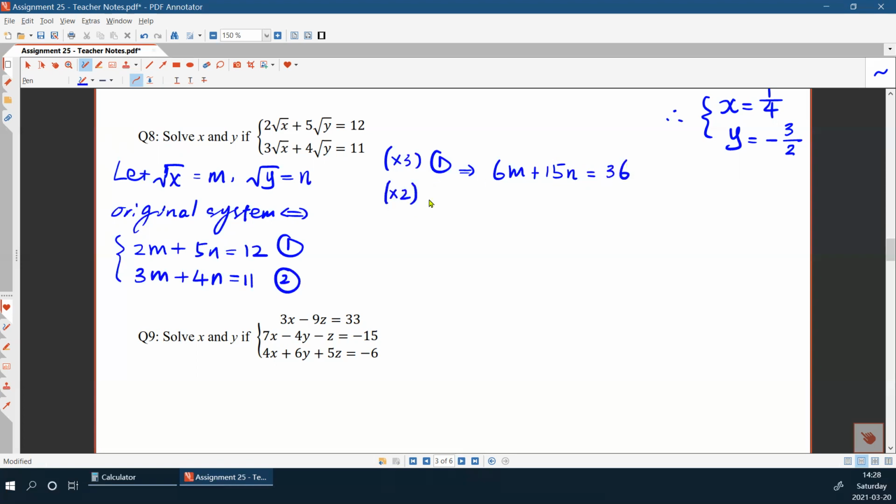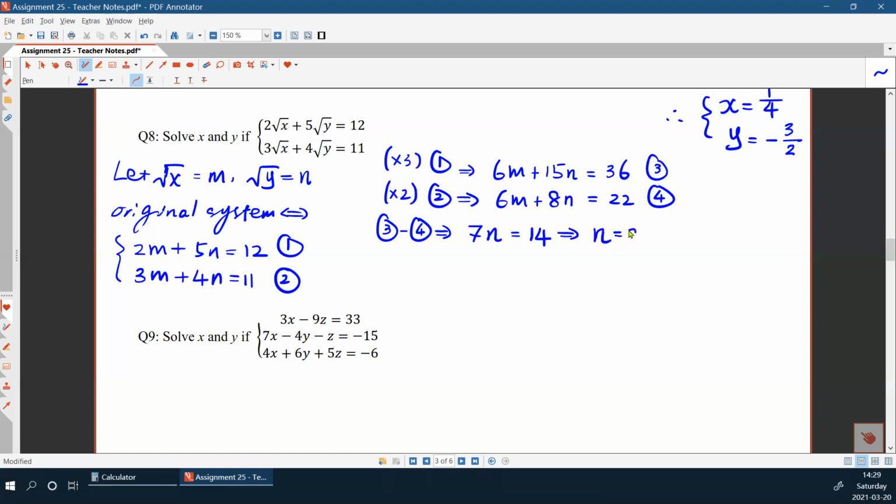And times 2 to both sides of equation 2. This will give you 6m plus 8n equals 22, right? Let's label these with number 3 and 4 respectively. Okay, and next we can use equation 3 subtracted by equation 4. This will give you 7n equals 14, right? So that means n is 2.